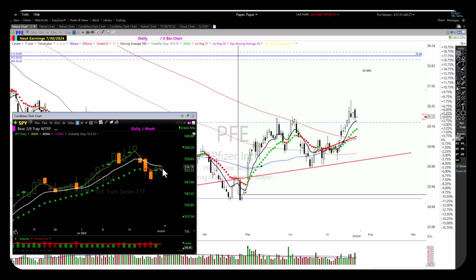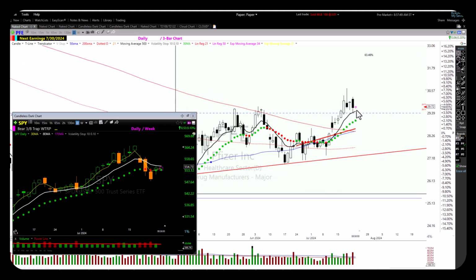But if you look at the market right now, pre-market here, not exactly setting the world on fire. So we need to wait for this to roll up. We just want that on our side, okay? So I'm watching PFE for a combination of the buyers to step in over here, or an entry that would make me comfortable, and the market to roll up.